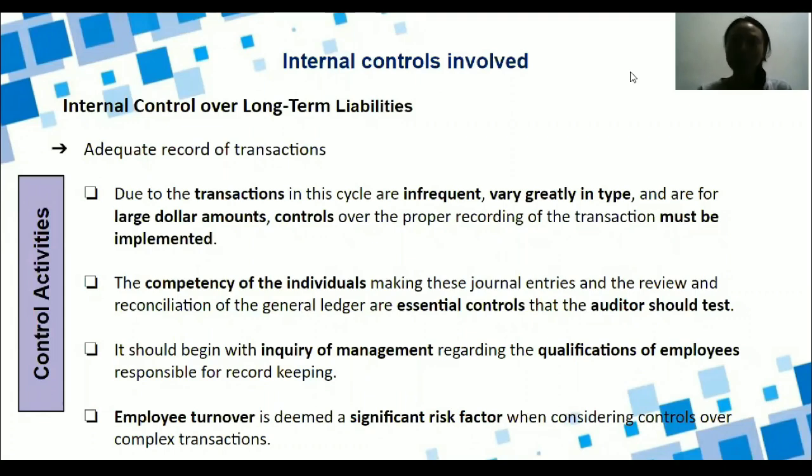It is because if the employee turnover is very high and some material misstatement happens, the auditor will face difficulty in finding the people who are responsible for recording the transaction. Then the auditor doesn't have anyone to ask, and they don't know who is responsible for those transactions.